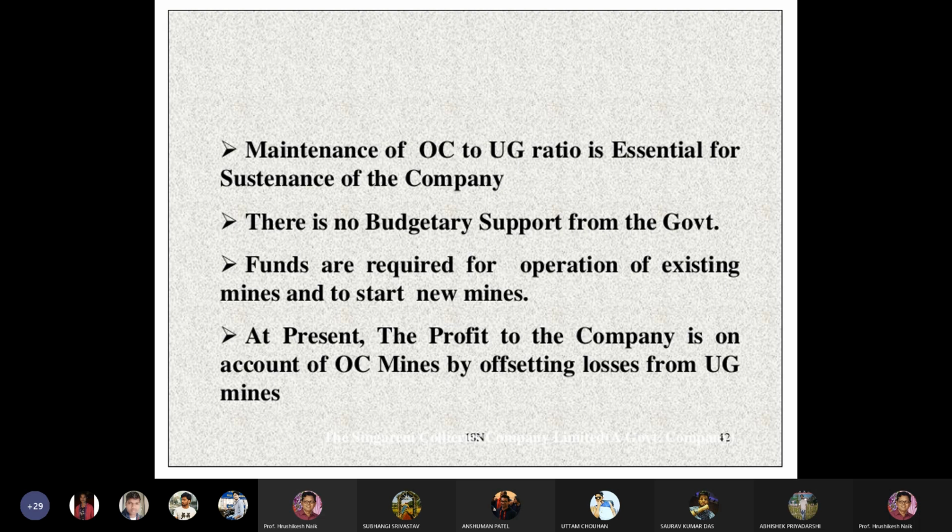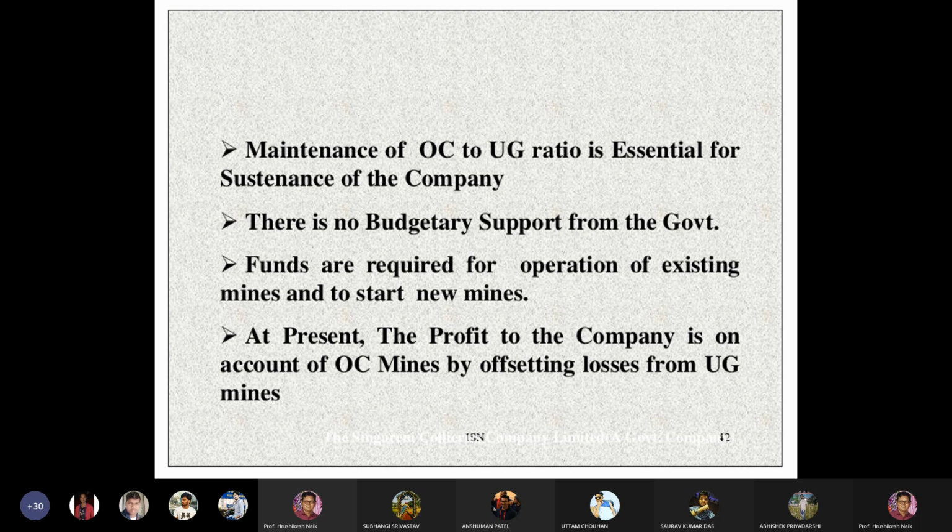Maintenance of open cast to underground ratio is essential for sustenance of the company. So any company you are mining the deposit, you should have some underground mines, and at the same time you should have some open cast mines. There is no budgetary support from the government. That is why your aim is to get the profit from your mining operations. And you need funds.